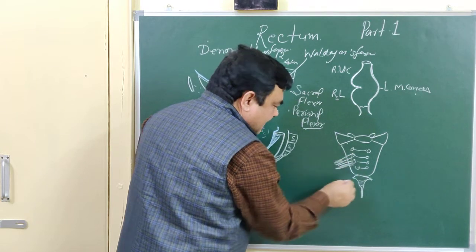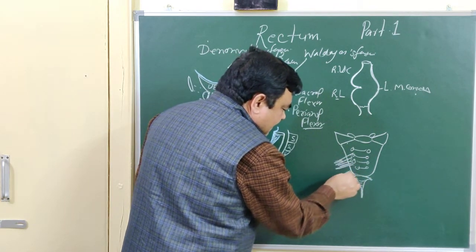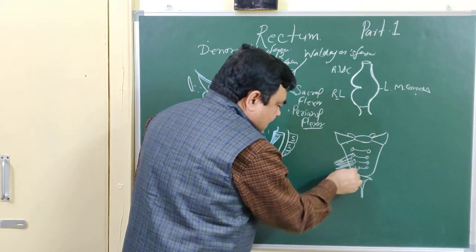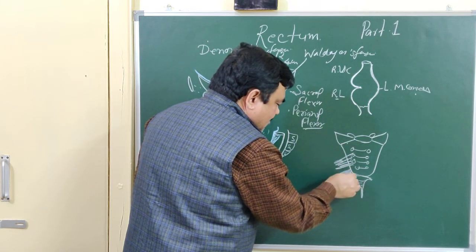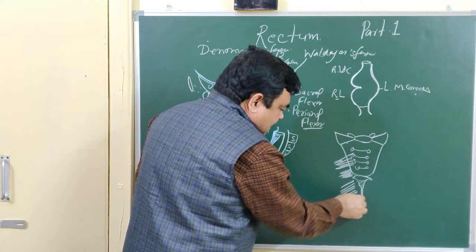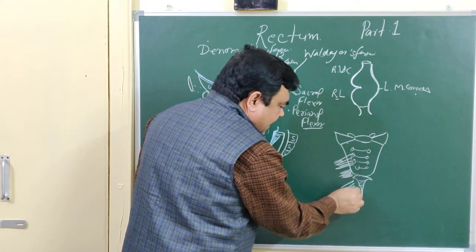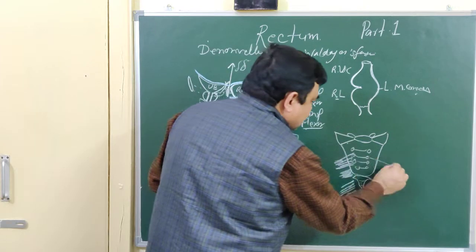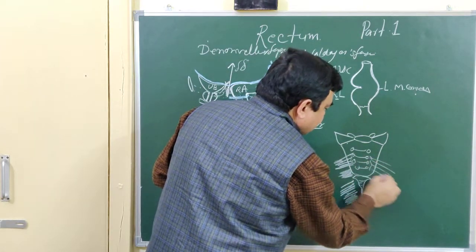This is the piriformis muscle, and here are ischio-coccygeus, ilio-coccygeus and pubo-coccygeus. This is the levator ani muscle on both sides.